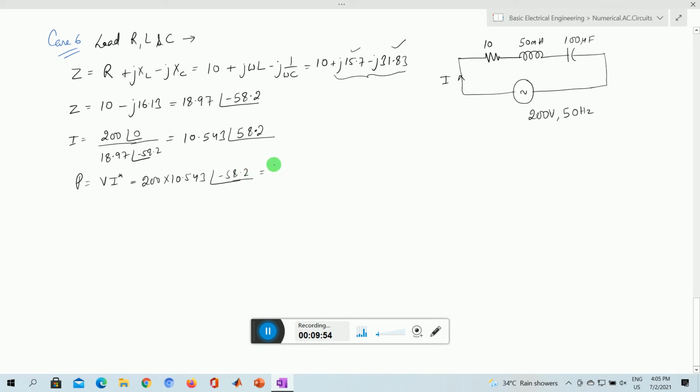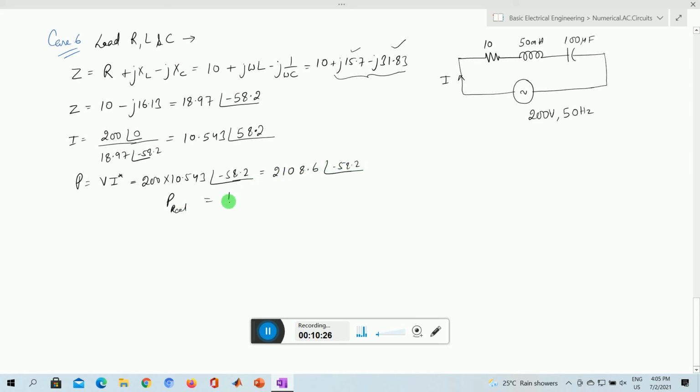So that value will be 2108.6 angle minus 58.2. So we can write the real part and the imaginary part out of it. So the real power will be VI, the total power, cos of this value.